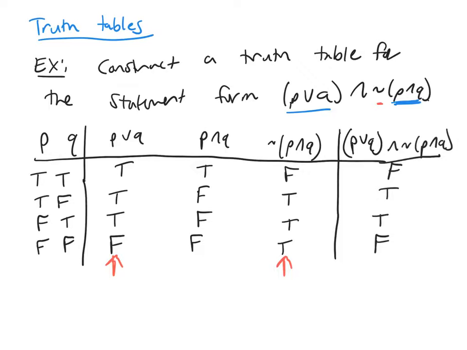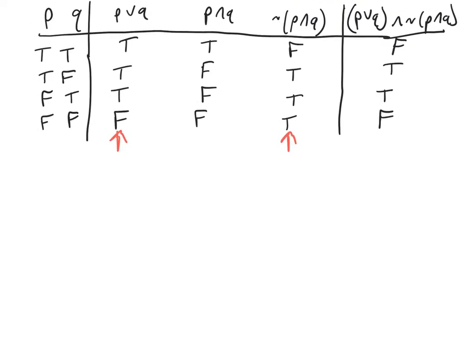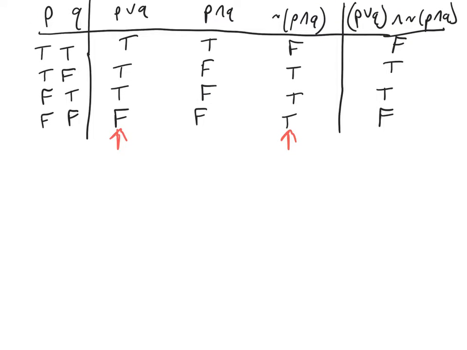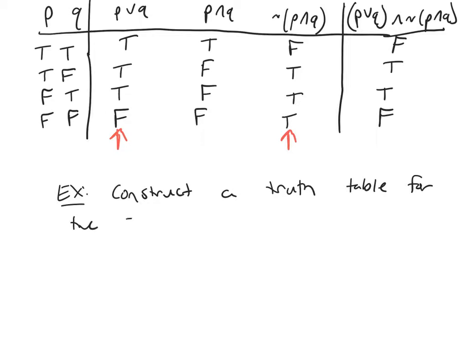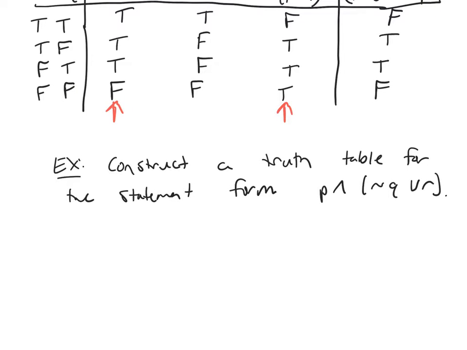So let's look at one more truth table problem. What I want you to do is construct a truth table for the statement form P and (not Q or R). So how many variables do I have?